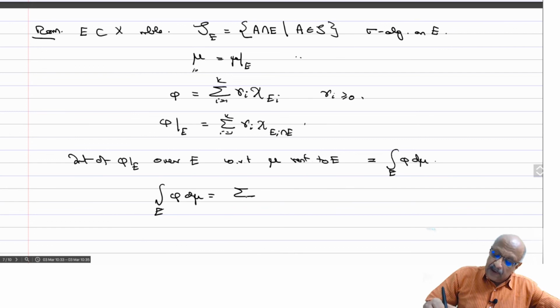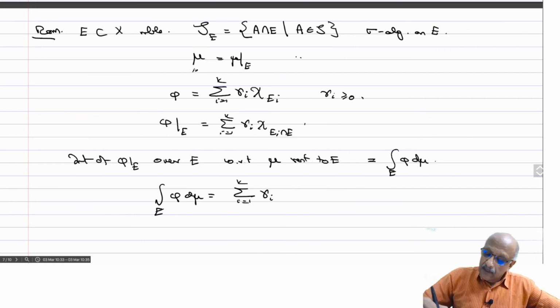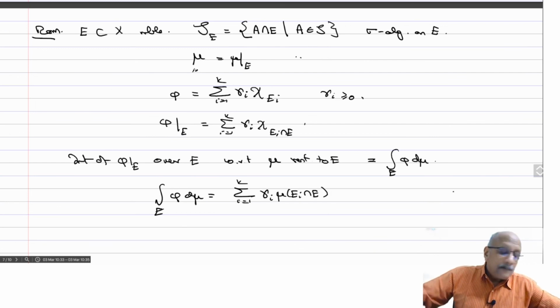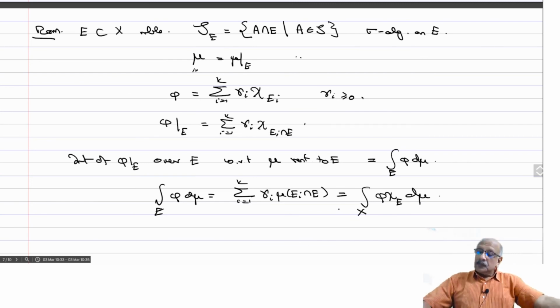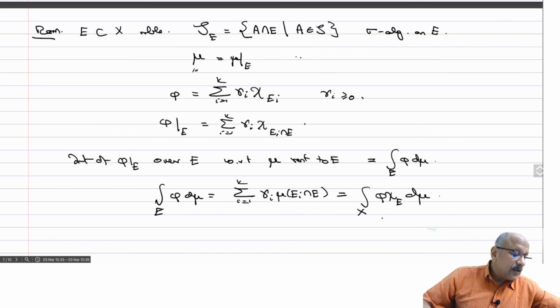This is nothing but the sum over i from 1 to k of gamma_i mu of E_i intersection E, and this is nothing but the integral over X of phi times chi_E d mu. So you can think of this as another definition of the integral.